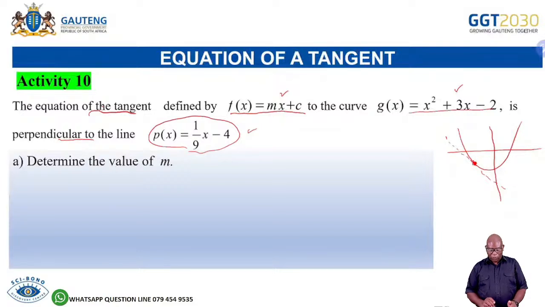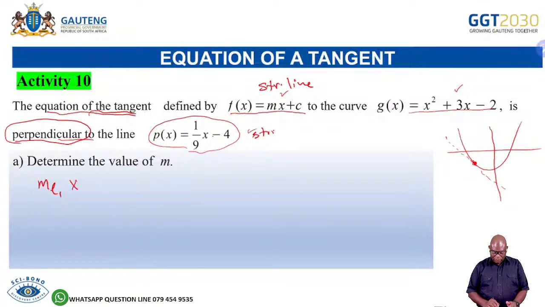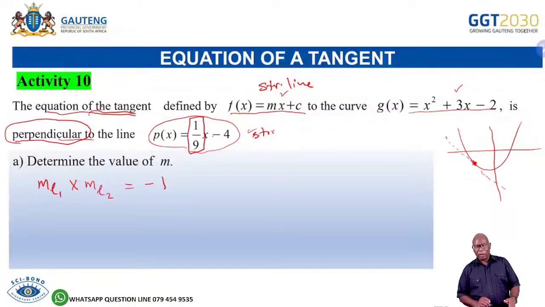But what do I know? This equation of the tangent is a straight line, right? This one is a straight line, and we're saying they are perpendicular. There's the key word here. So if the lines are perpendicular, what do I know? The gradient of line 1 times the gradient of line 2 must give us -1. But I have got the gradient of one line here, which is 1/9.